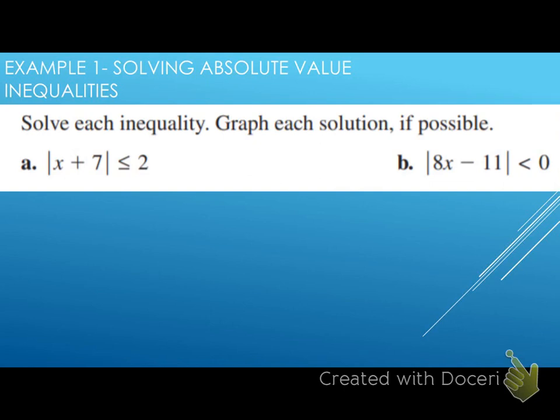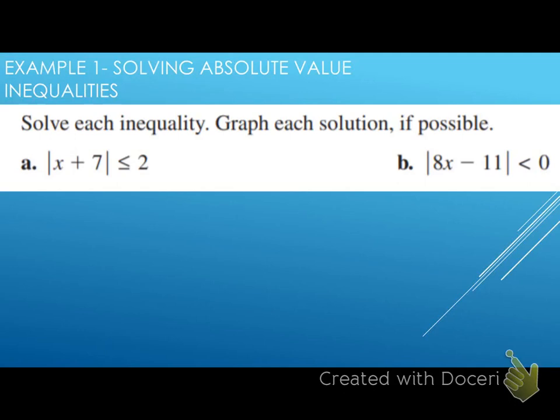All right. Solve each inequality, graph each solution if possible. Absolute value of x plus 7 is less than or equal to 2. Let's go through our steps here.